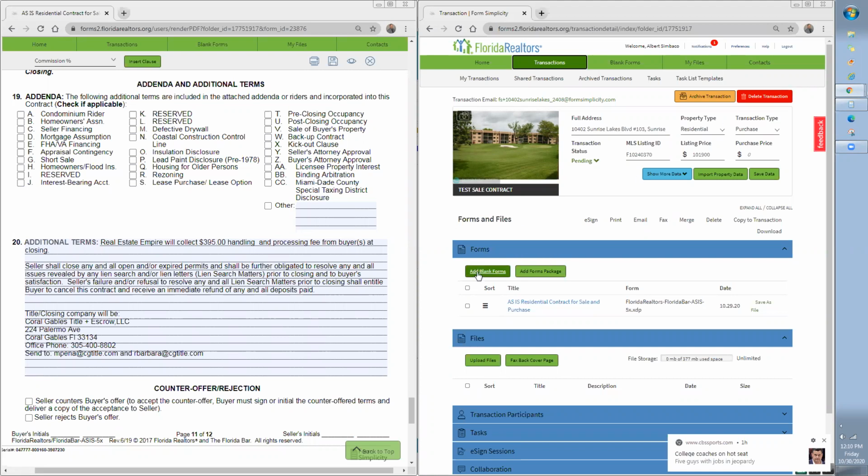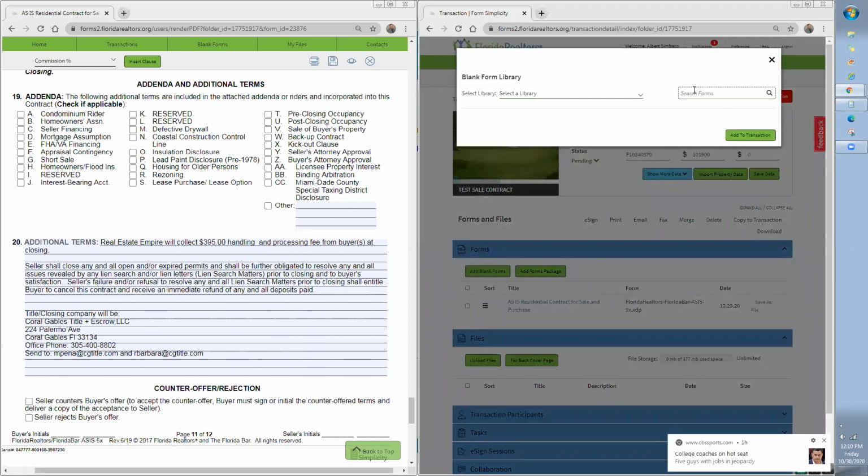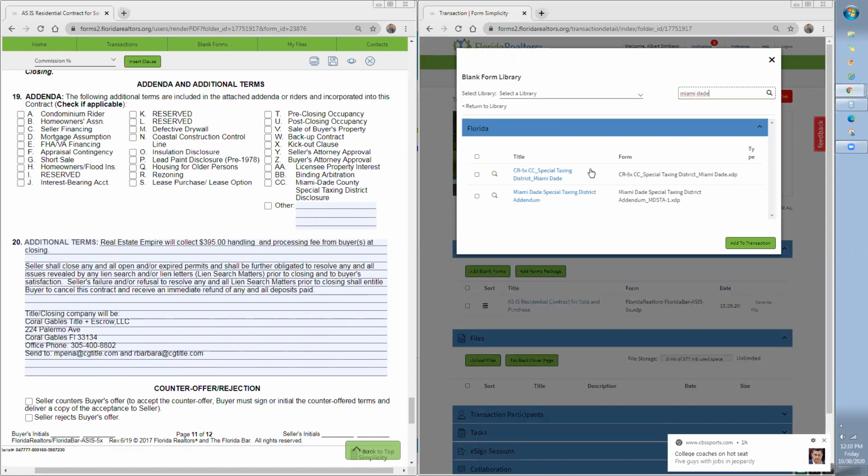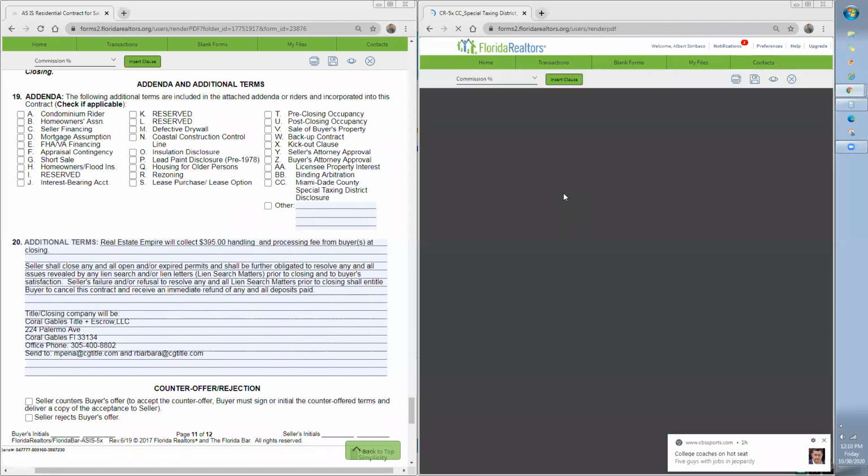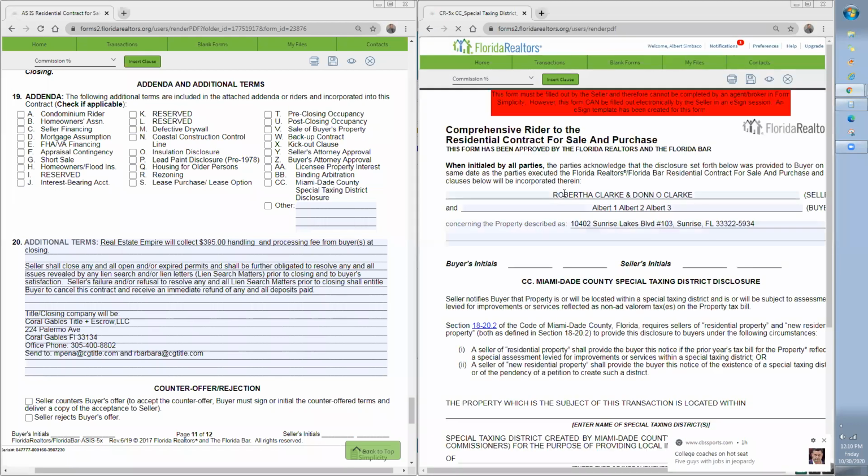What this disclosure states is that we understand we're purchasing a property in Miami-Dade County, and it's possible that there is a special tax that may be incurred in that property. This does not mean it's a special assessment. It is a special tax that the county applies on the property.